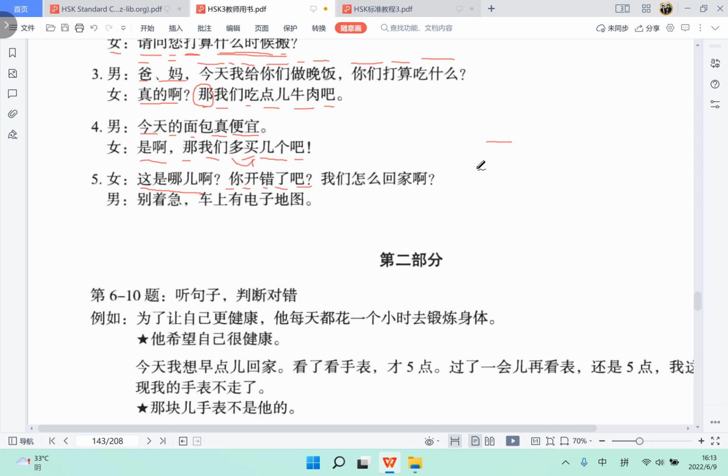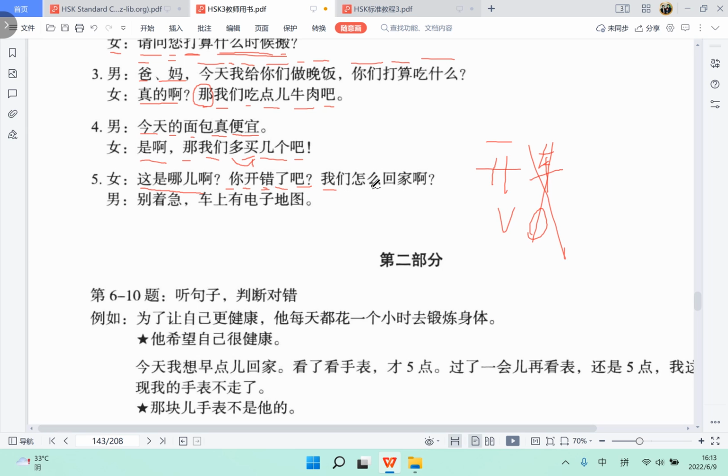We have learned 开车, to drive. 开车 is a verb-object structure, so we can use 开 alone. According to the conversation, we know this is about driving. And 错 here is a result complement, meaning you drove in the wrong way.